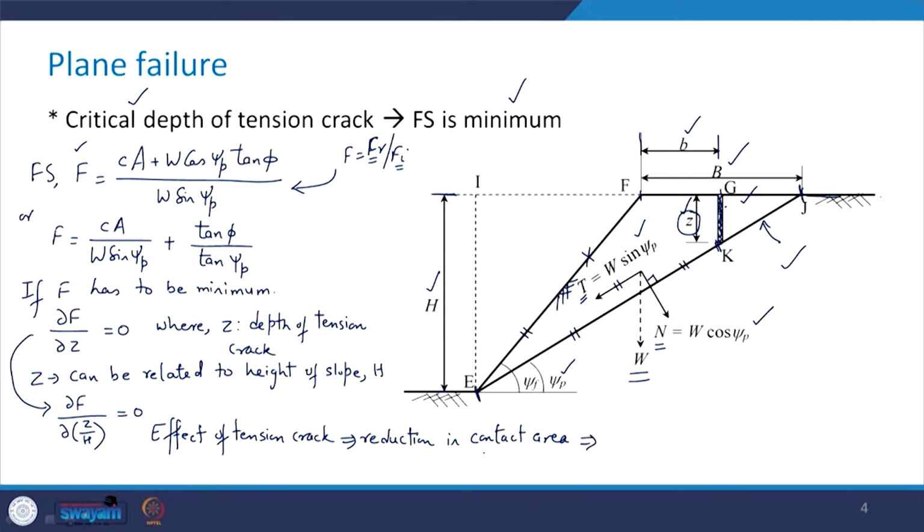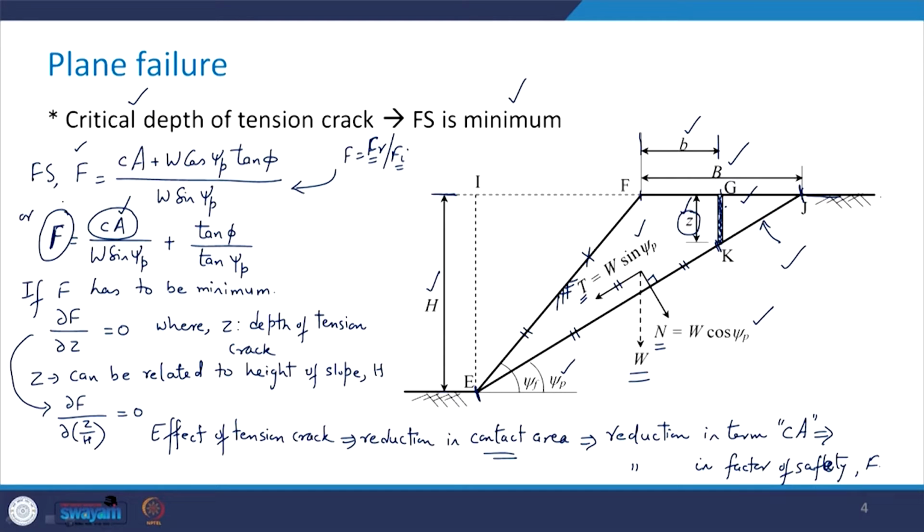Because of the reduction in this contact area, which we are representing here as A, there is going to be a reduction in the term C into A, and this would result in the reduction in the factor of safety, which we are denoting by F. So, it is important for us to take care of this reduced area and use this in the analysis when the tension crack is present.